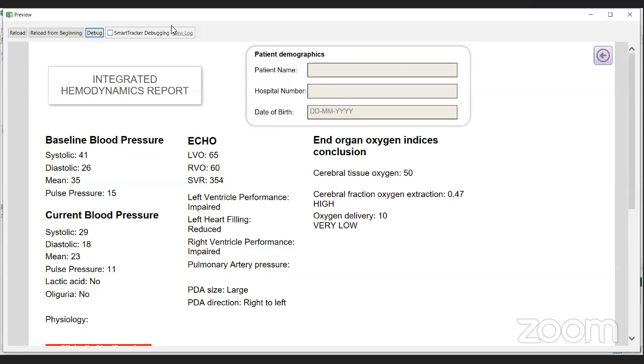Dr. Ying Ping is asking another question. It's like a comment, but I think he meant a question, saying that delayed transition and PPHN may coexist. So is the systemic vascular resistance the main parameter to differentiate these two conditions and help us decide whether to initiate nitric oxide or not?